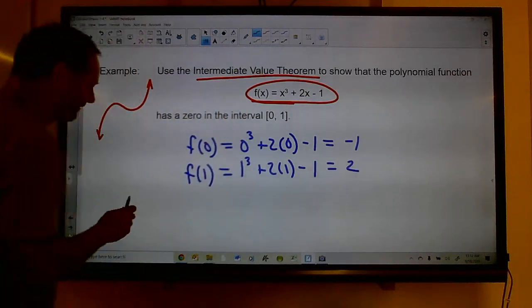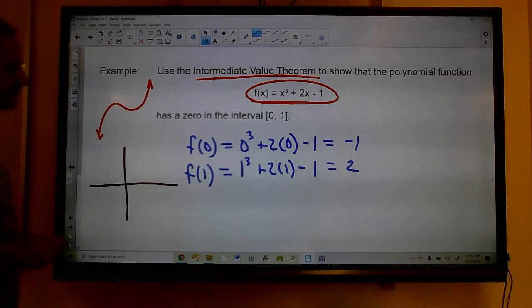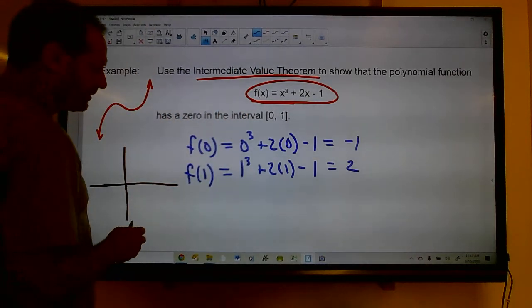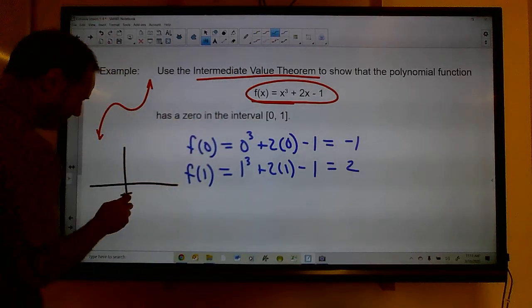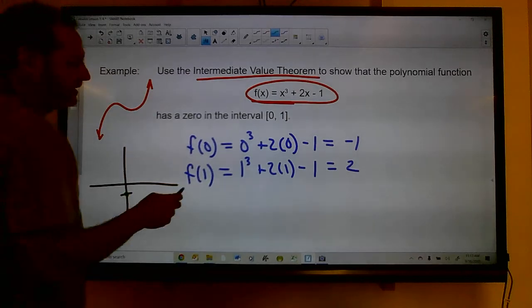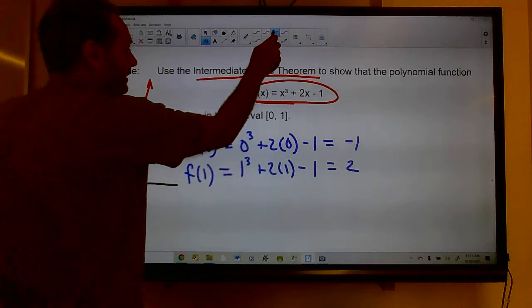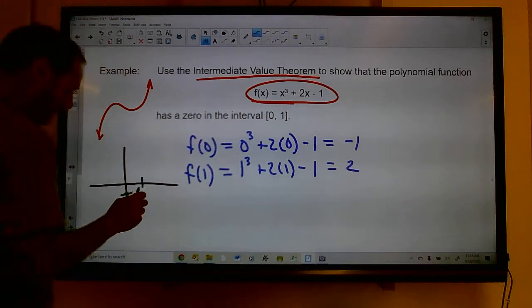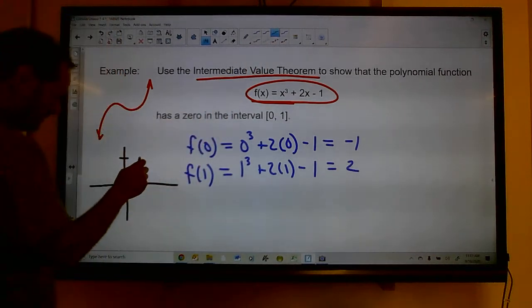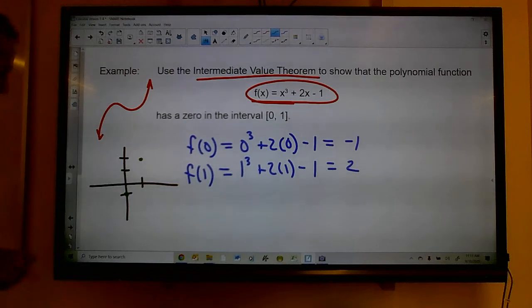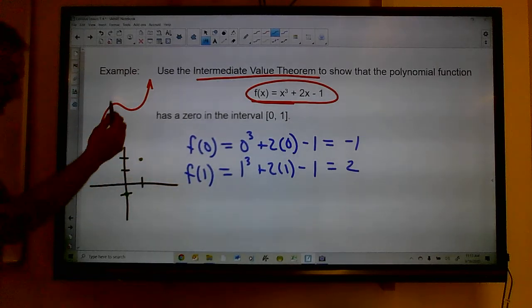So essentially, if I sketched a rough picture of this thing, f of 0 is going to be at negative 1. And f of 1 is going to be at 2. I don't know what this thing does in between there. I don't care.